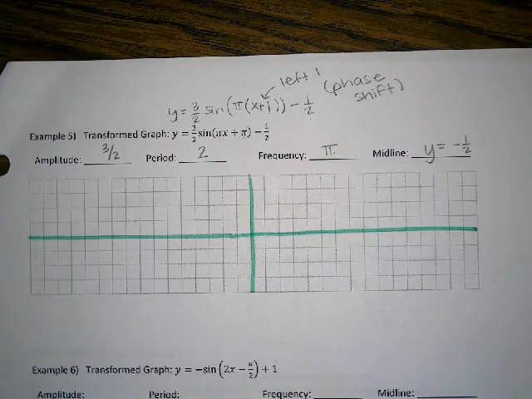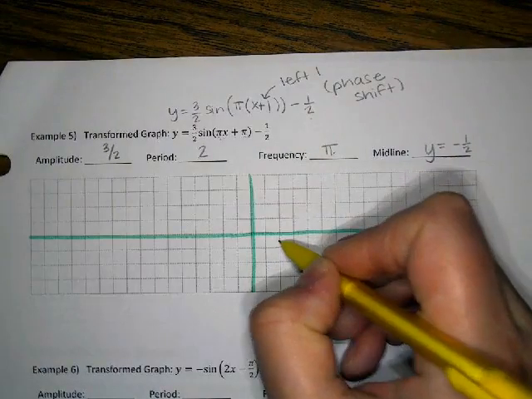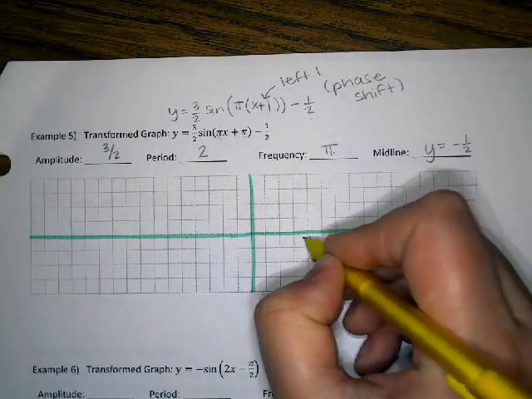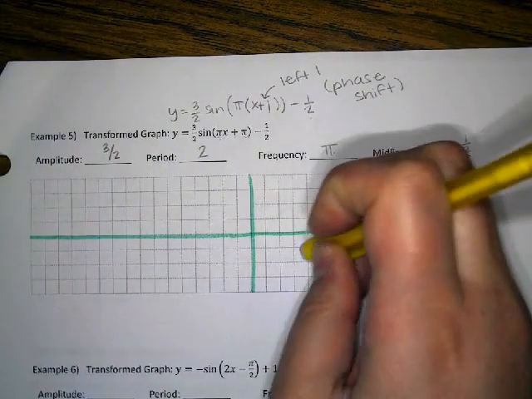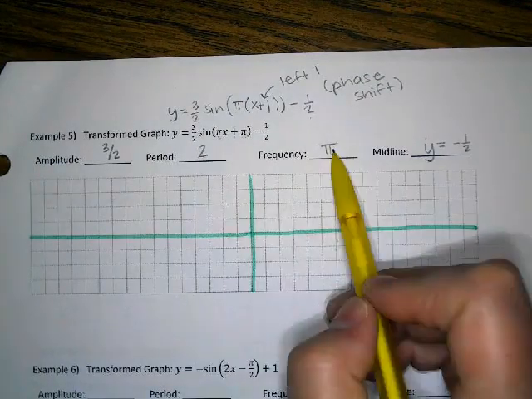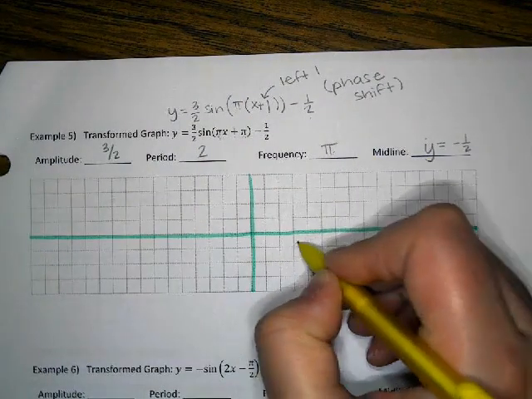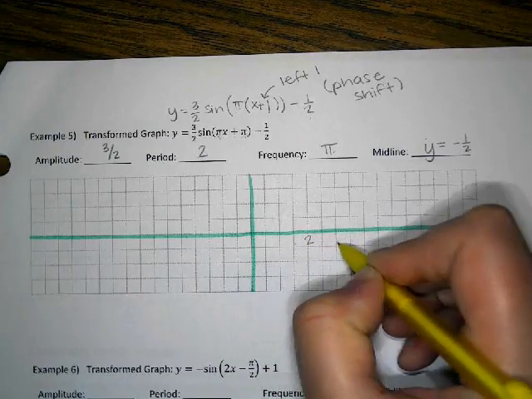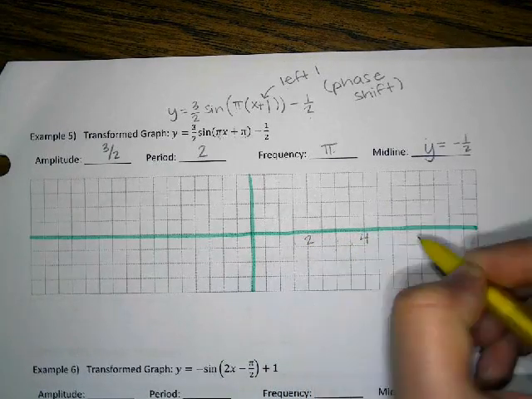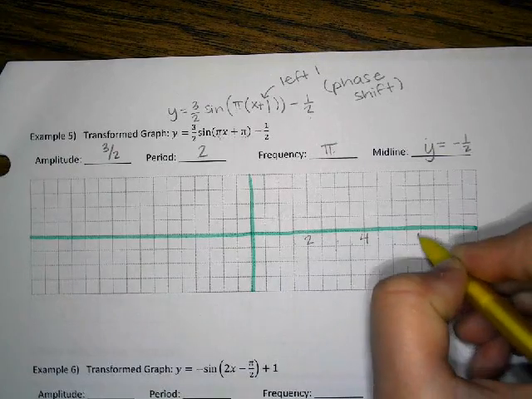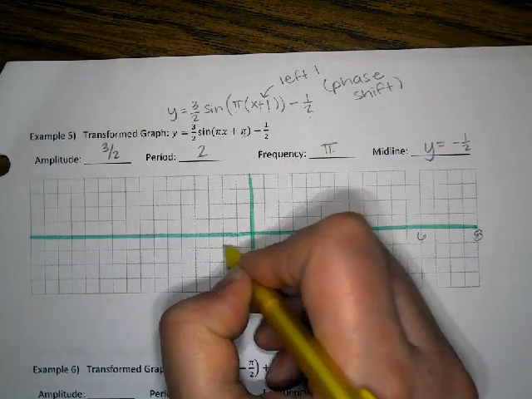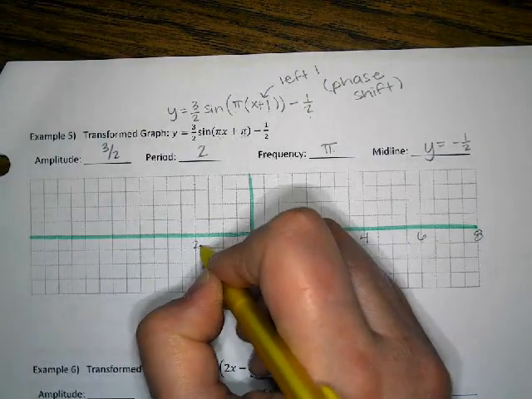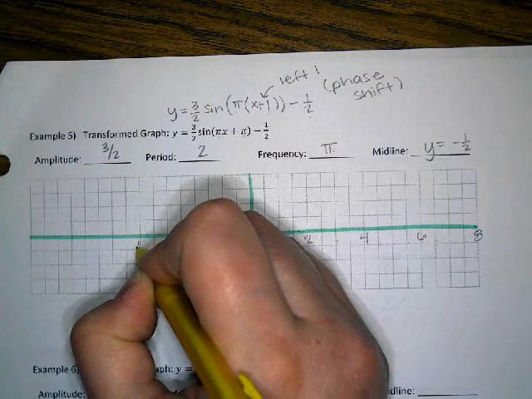So what would you guys like to do? 4, 8, or 12? 4. Okay, so I'm going to do 1, 2, 3, 4 boxes. Not pi, sorry, the period was 2. I was looking at the frequency on accident. 1, 2, 3, 4, and so on for each set of boxes.